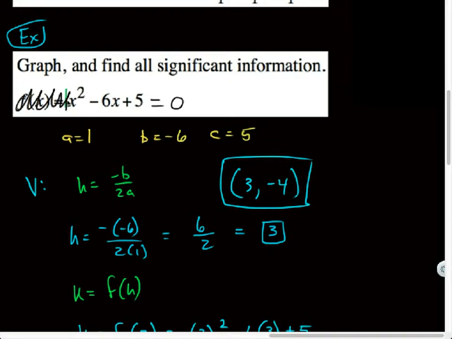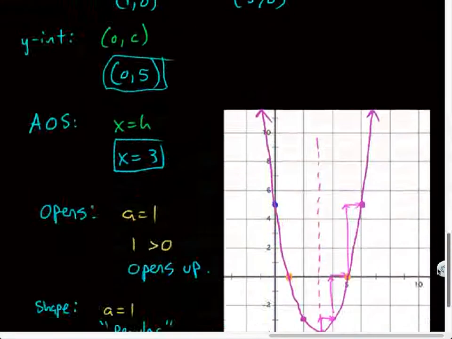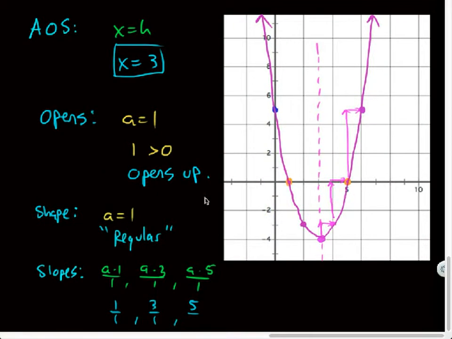In order to do that, what you're going to do is just write this as a function, forget about 0, and replace 0 with f of x or y, one of those equivalents. And then you're going to graph it using all of the techniques we just did. And then once you graph it, the solutions to the equation will actually be the same as the x-intercepts. All right, but that's the general idea for graphing.